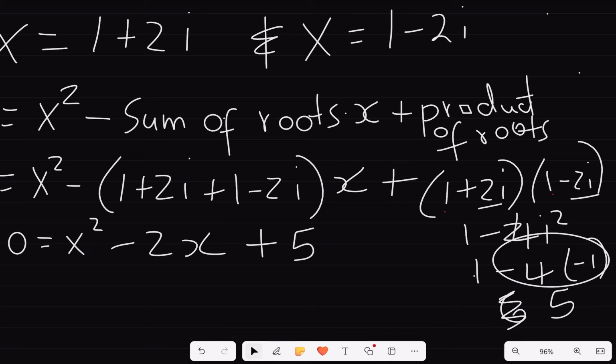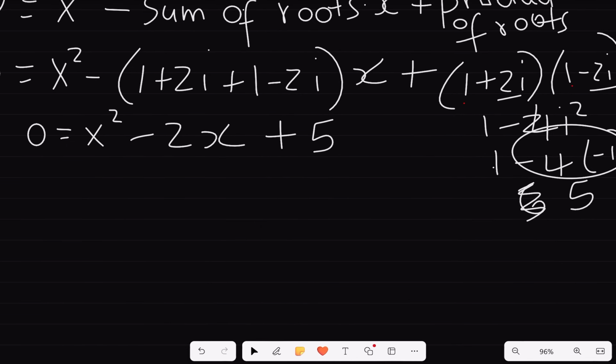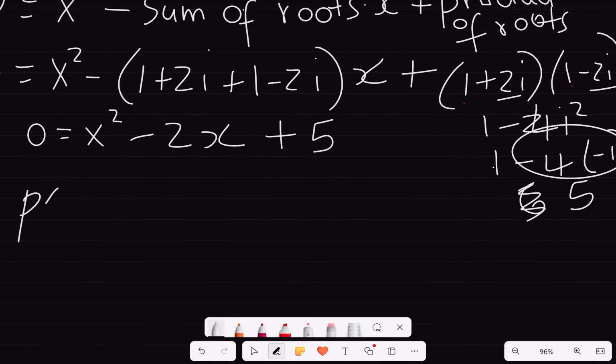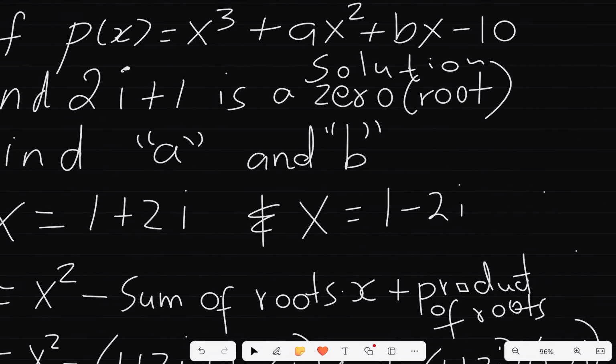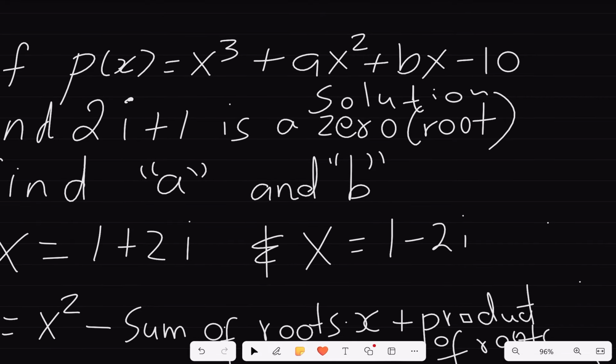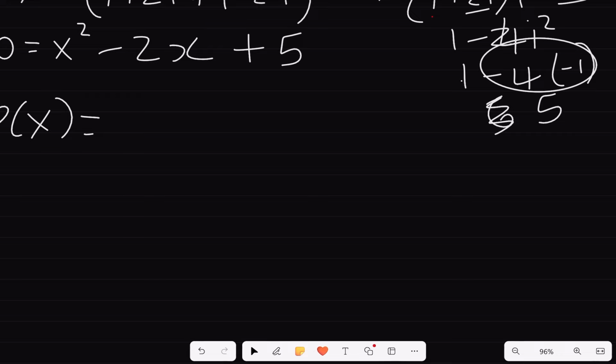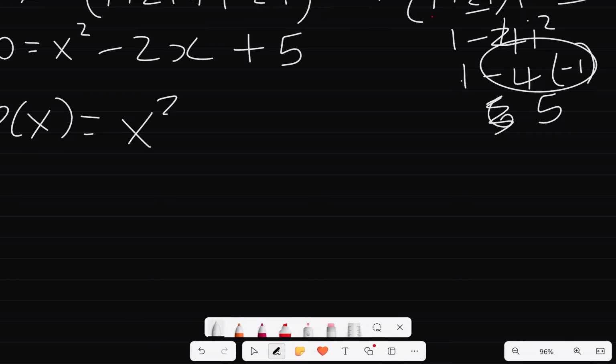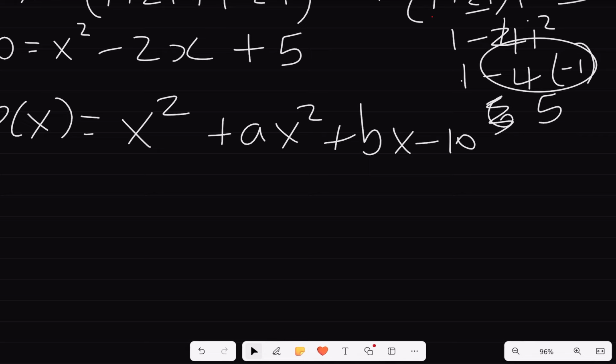And now we have this. Let me just rewrite p of x here so that you see what we have. p of x equals x cubed plus ax squared plus bx minus 10. But now we have one of the factors.